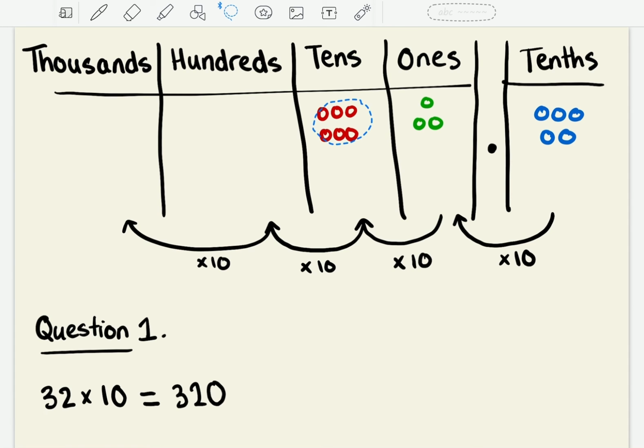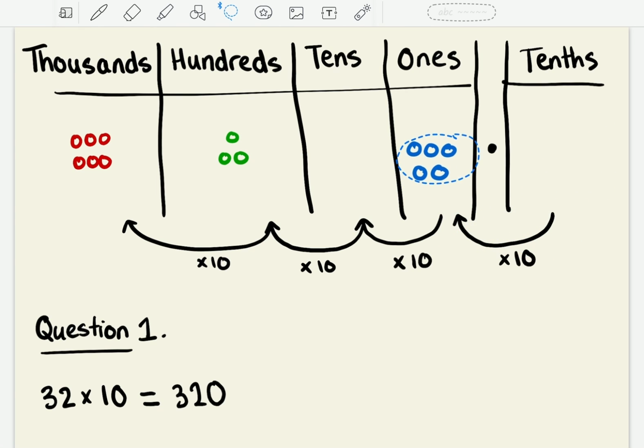So instead of moving this over to the left one place, we're actually going to do it twice. So we're going to multiply by 10 again, and it ends up over here, 2 columns away. Same thing with the ones, times 10 again, that's multiplying by 100.